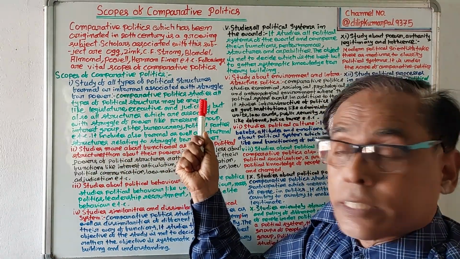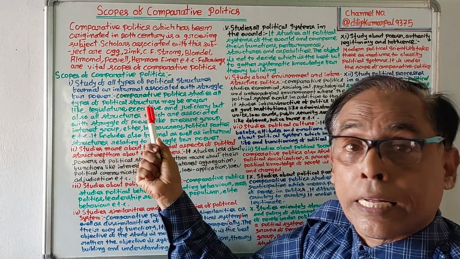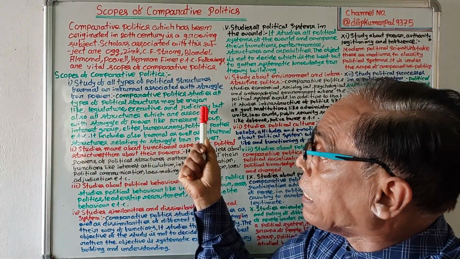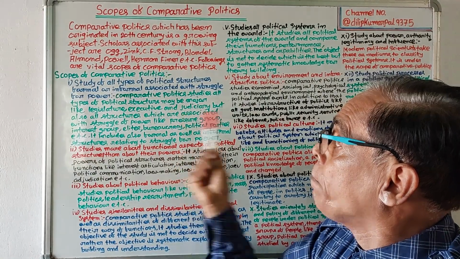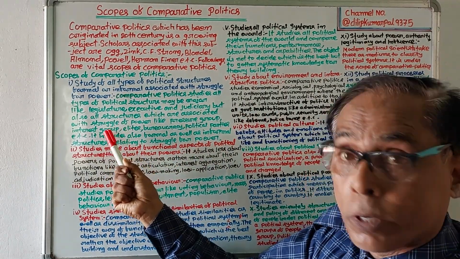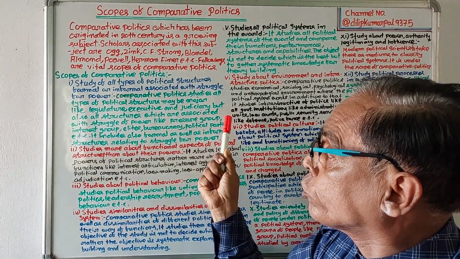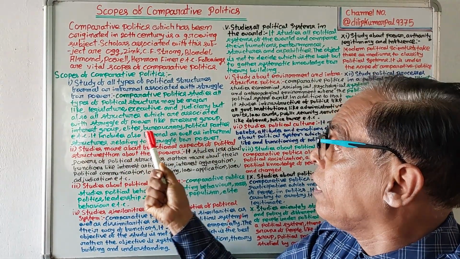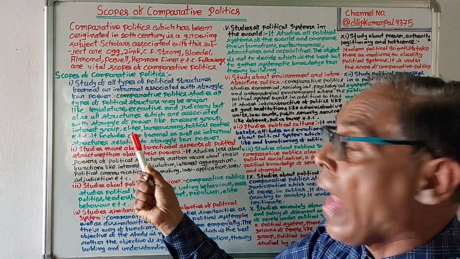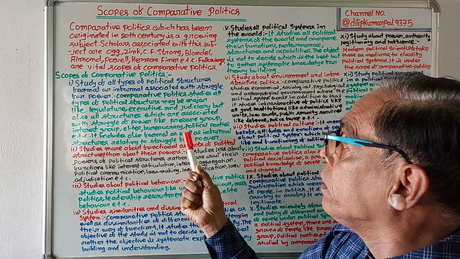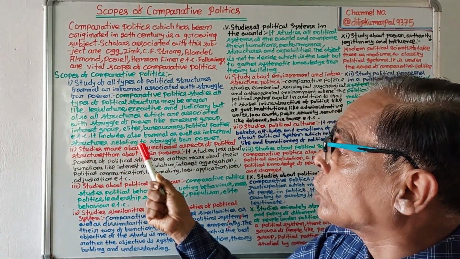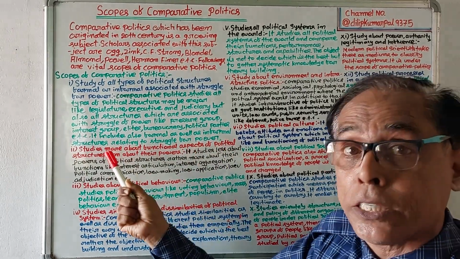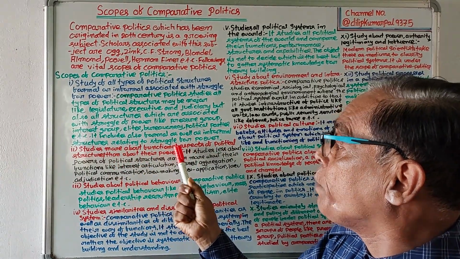Comparative politics studies all types of political structures, major ones like legislature, executive, judiciary, but also all structures associated with the struggle for power, like pressure group, interest group, elites, bureaucracy, political party, etc. It includes both formal as well as informal structures relating to the struggle for power.